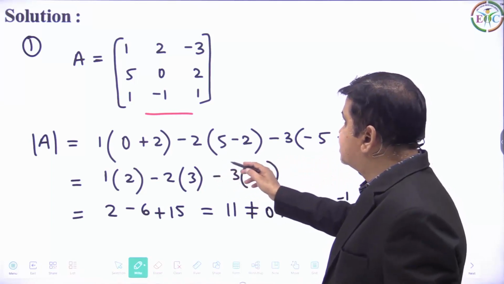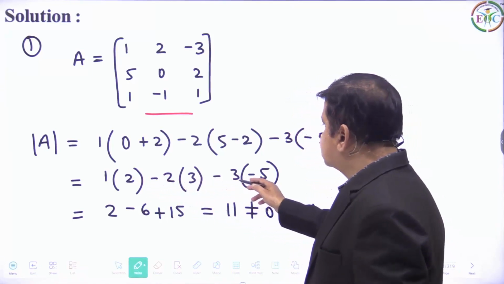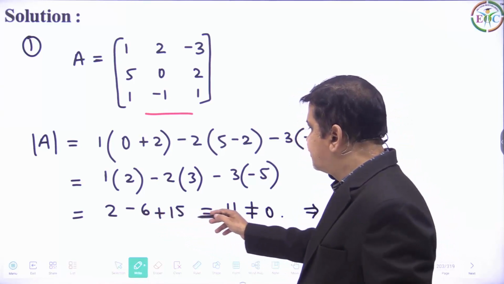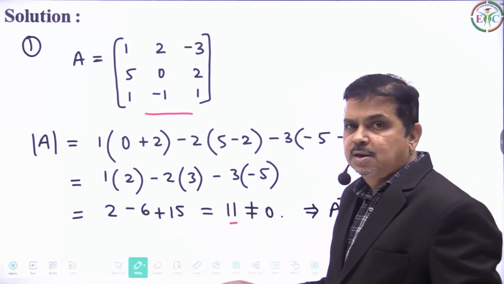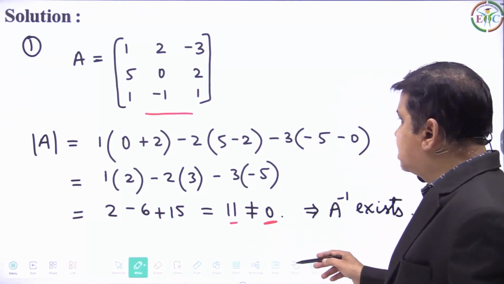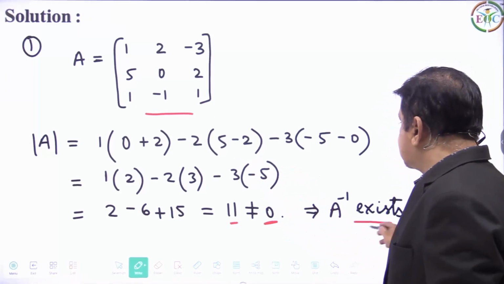On simplifying, we have 1 into 2 minus 2 into 3 minus 3 into minus 5, that is equal to 2 minus 6 plus 15, which is equal to 11, which is not equal to 0. Therefore we can say that it is a non-singular matrix, and therefore A inverse exists.